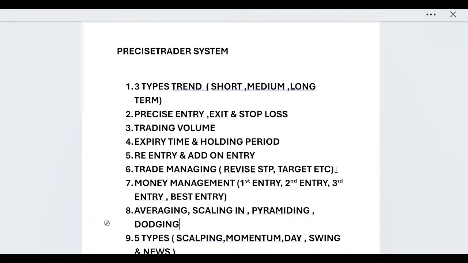Then the next thing we need to know is, of course, what is so special about our system: we have a precise entry, exit, and stop loss level. So when we take a trade, we try to enter with the precise entry, exit, and stop loss level. And of course, the next thing is trading volume. The trading volume should also define our confidence, meaning when we take high risk, low volume; low risk, high volume, and that should be the theory behind at all times.